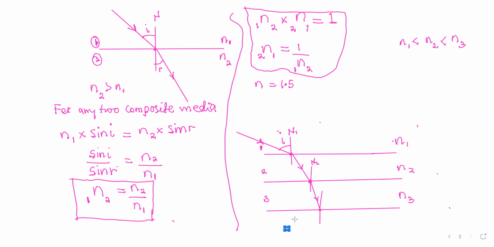Now when the ray is coming out of medium 3 back to medium 1, how will it bend?